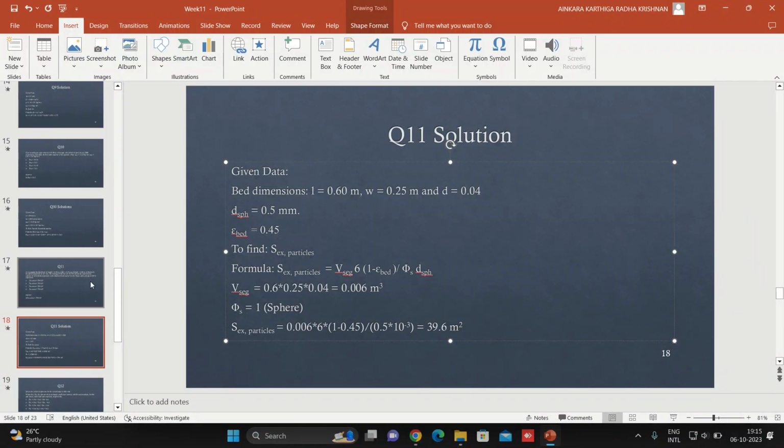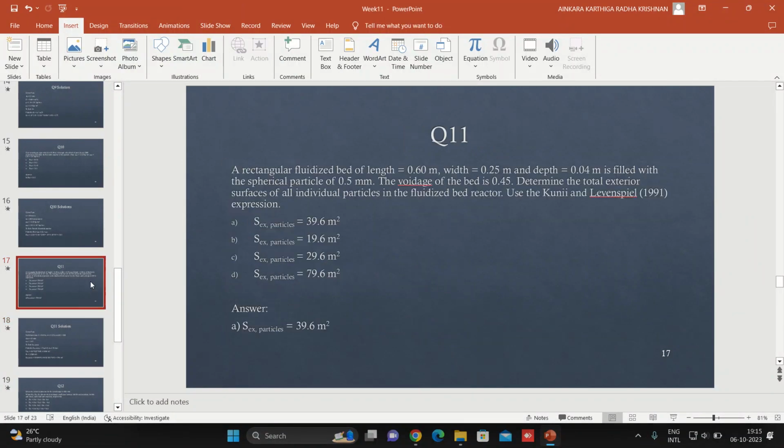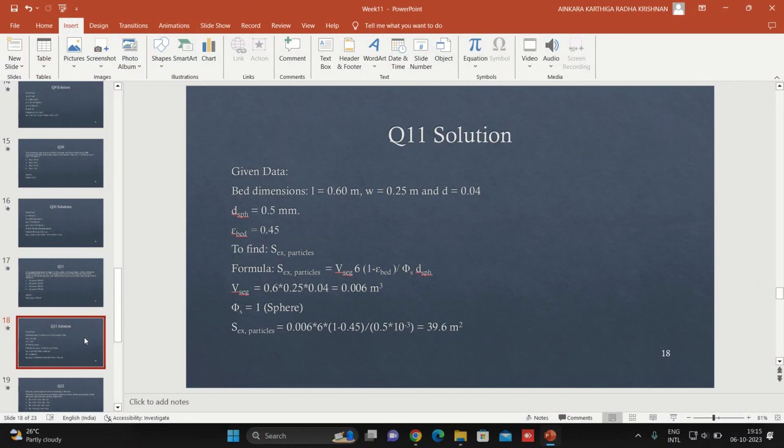I hope the answer is correct. We will check the answer. 39.6 meters square. So what are the given things and how did we calculate the answer in this particular problem? We have the bed dimensions and we know the particle sphericity is equal to 1 for a sphere, the diameter of the particle is given and the voidage of the bed is given, which is epsilon bed.